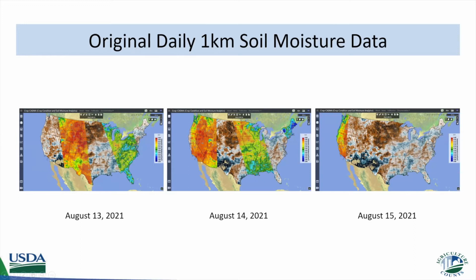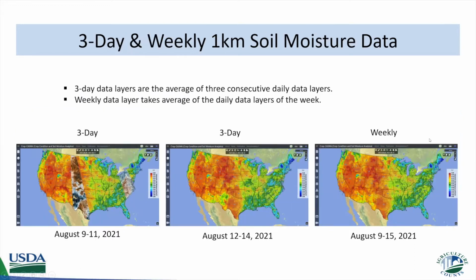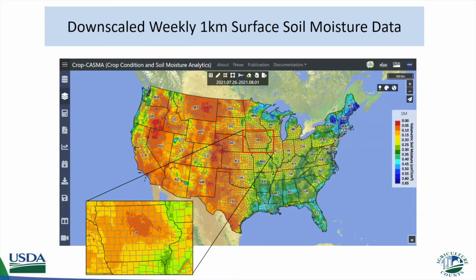Overall, you will see that for the 3-day, sometimes you will still have some gaps here, but sometimes you can have a full coverage. Weekly basically puts all the daily data together and takes the average. So that's how we develop the weekly, and weekly we basically have a full coverage of the contiguous US.